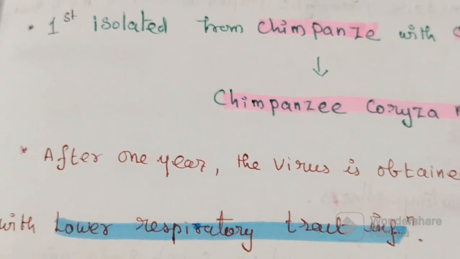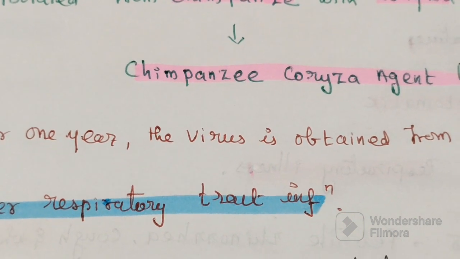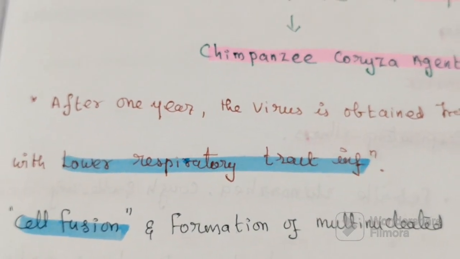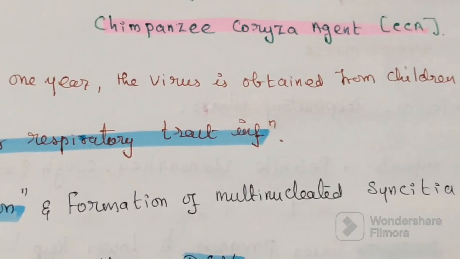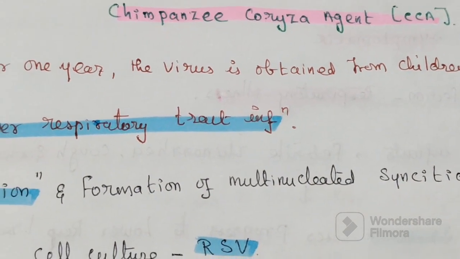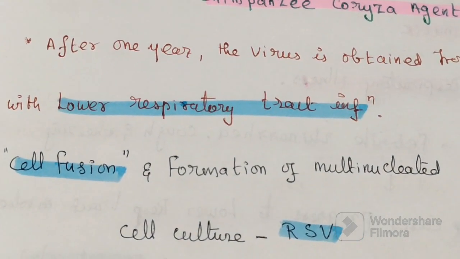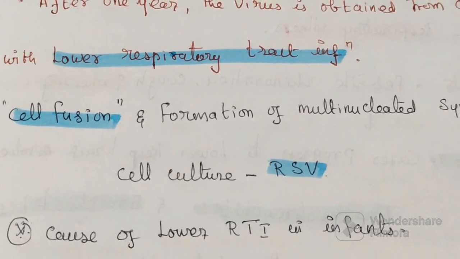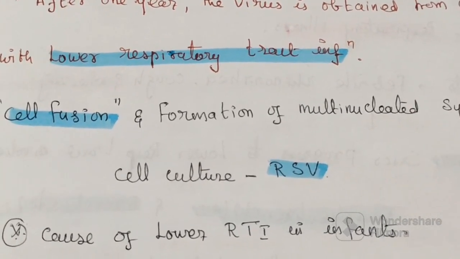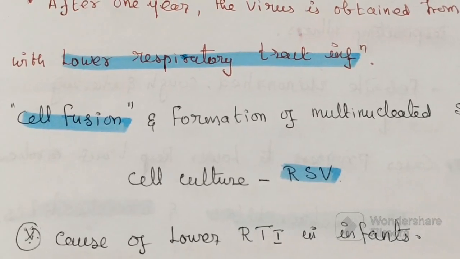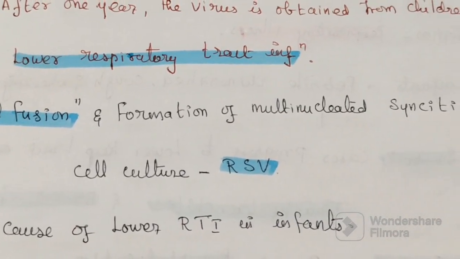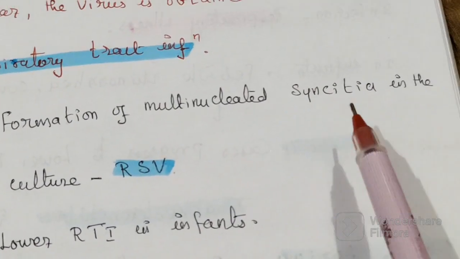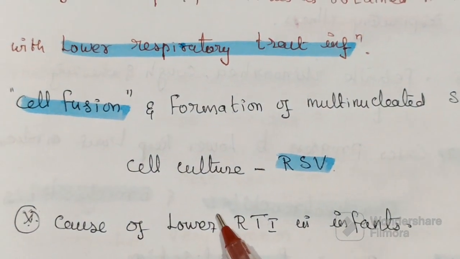After 1 year, this virus was obtained from children with lower respiratory tract infection, where it caused cell fusion and formation of multinucleated syncytia in cell culture.